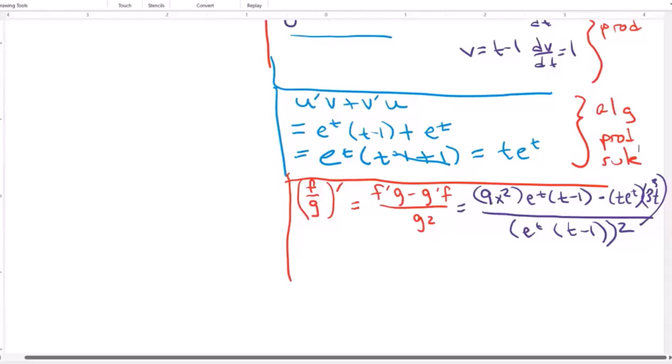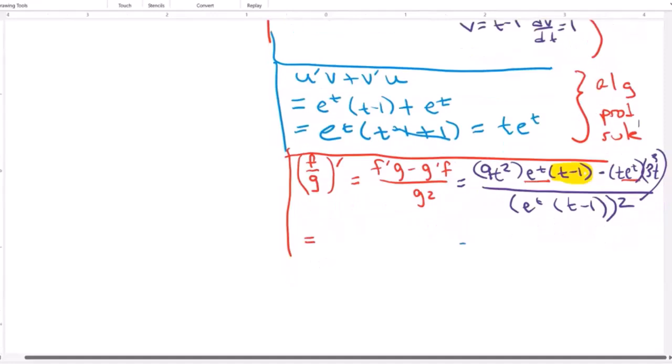So I know that looks nasty, and if you can't simplify anymore, I understand, but I'm going to still simplify as much as I can. E to the t, which I found in both my terms. And what do I have left? 9t squared times t minus 1.